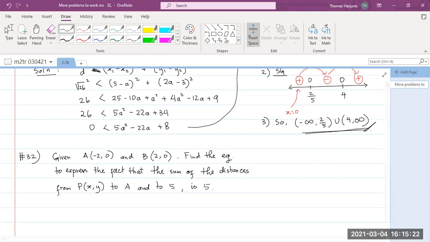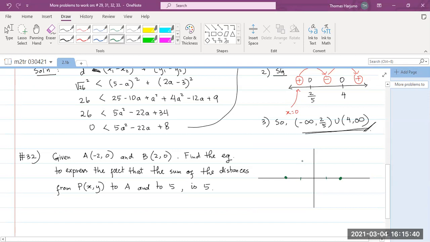Let me give you the idea first. So we have 2 comma 0 and negative 2 comma 0. Those are two coordinates on this coordinate plane. Now we want to find all those coordinates P(x, y) such that the distance to 2 comma 0 and to negative 2 comma 0, so this is our A, this is our B, right?